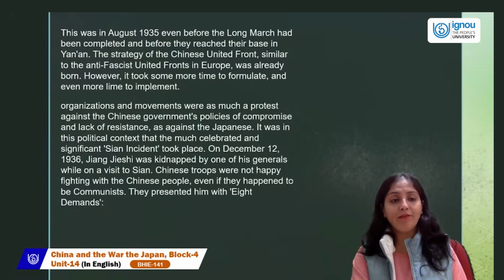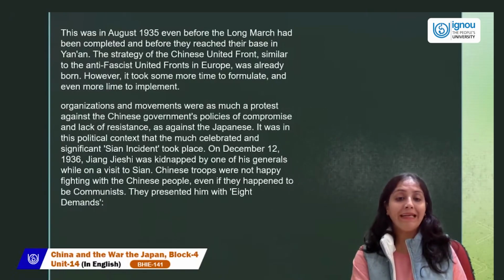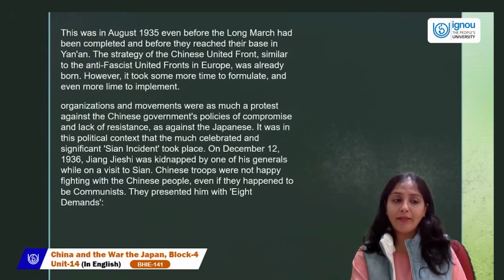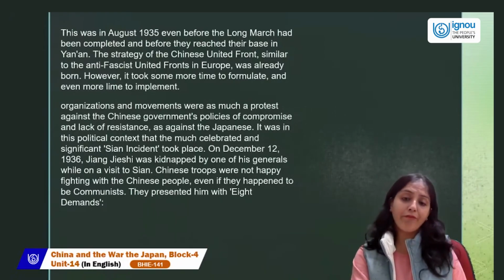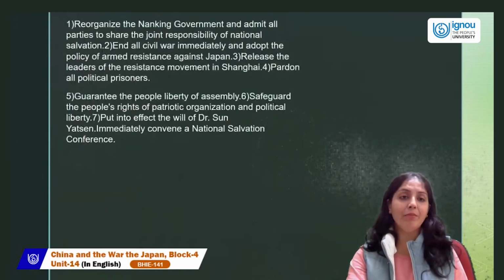On December 12, 1936, Jiang Jieshi was kidnapped by one of his generals while on a visit to Xi'an. Chinese troops were not happy fighting with the Chinese people, even if they happened to be communist. And they presented him with eight demands.